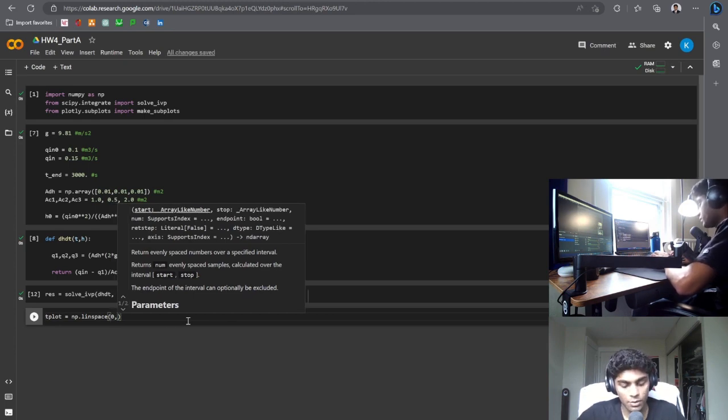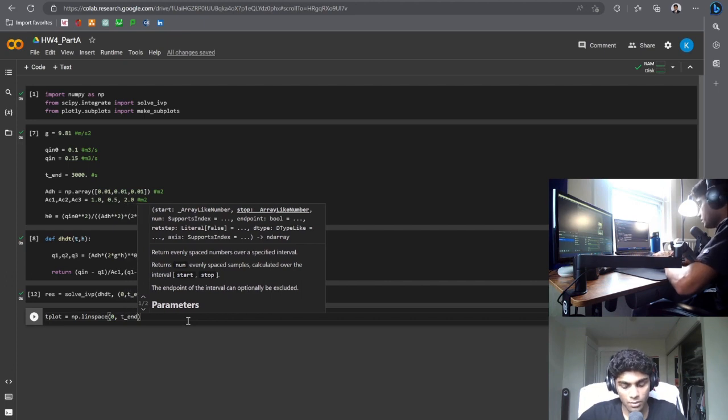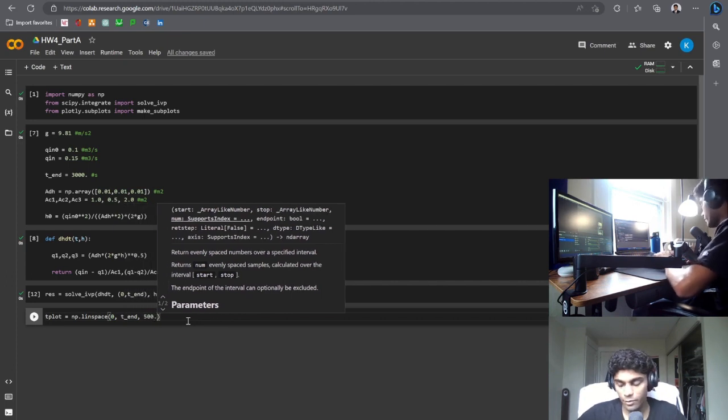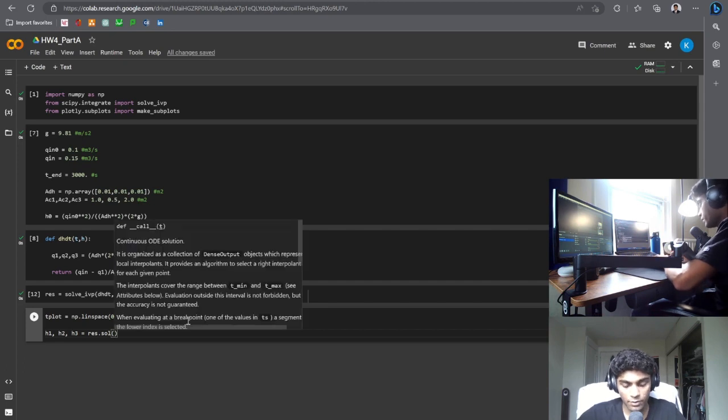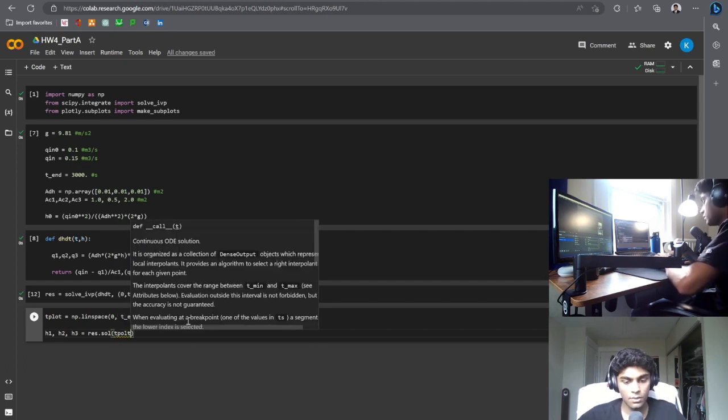So we're going to go from 0 to time end, and we'll increment by 500 for now. Now we also want to assign our height values using res.sol, and we're going to use our tplot values for that.